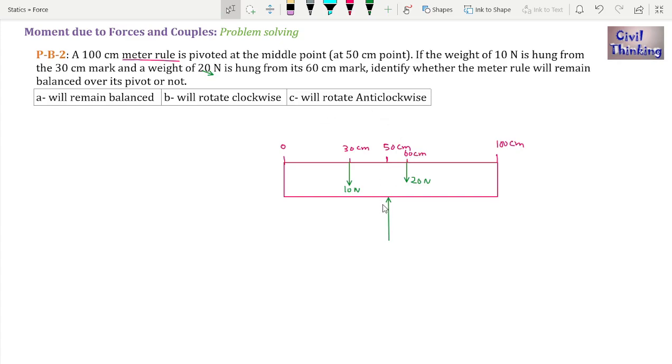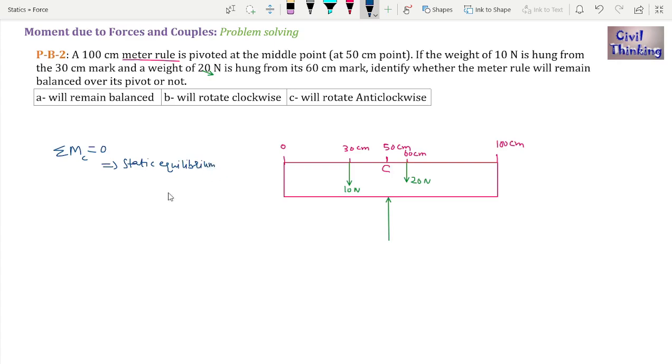Let us assume this is the point C. If the summation of moment at point C is 0, it will be in static equilibrium.